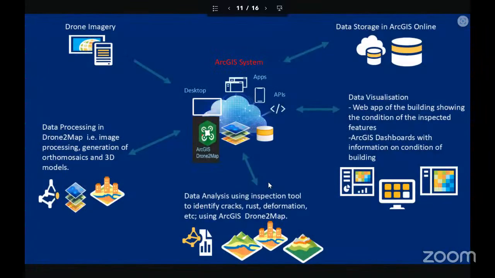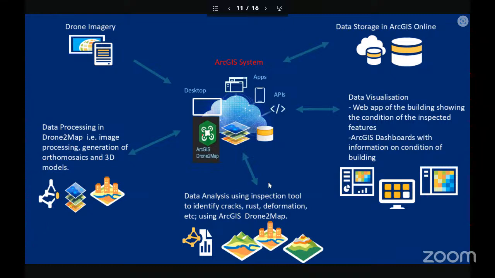This is the architecture that I followed for this procedure. The main input was the drone images, which I fed into the ArcGIS environment, specifically Drone2Map, which allowed me to generate 2D and 3D products, such as the orthomosaics and the 3D meshes that I mentioned.